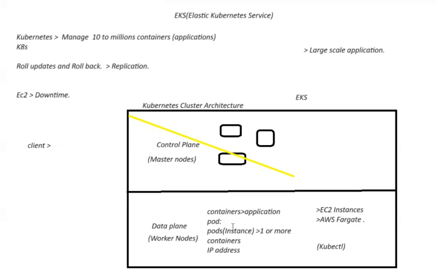So let's see where the data plane is present. You told each pod has a particular IP address, right? But you told only within that data plane we can access my pods. Why not outside, since you have an IP address?